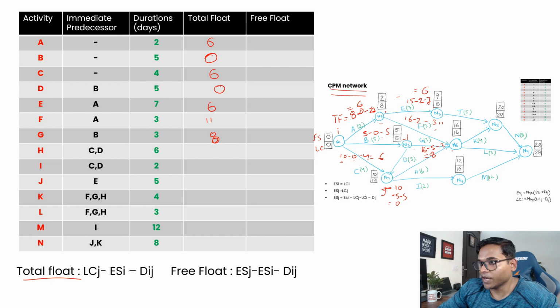Then let's go to H. For H, again this is I and this is J: 16 minus 10 minus 6, which is 0.